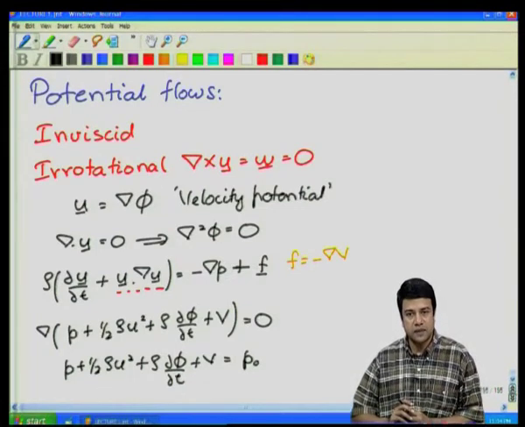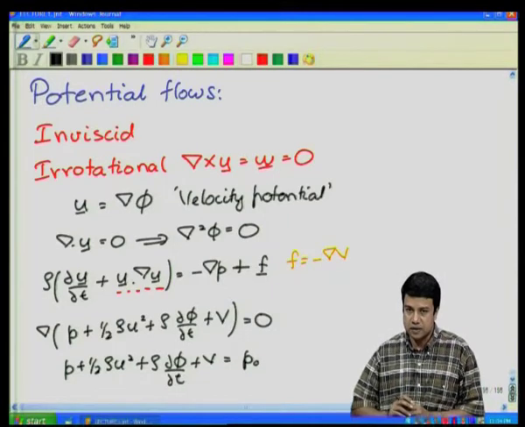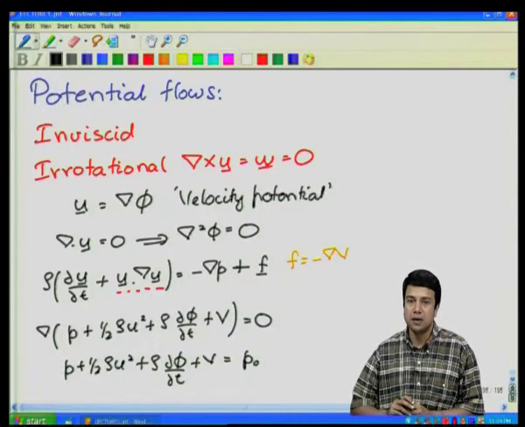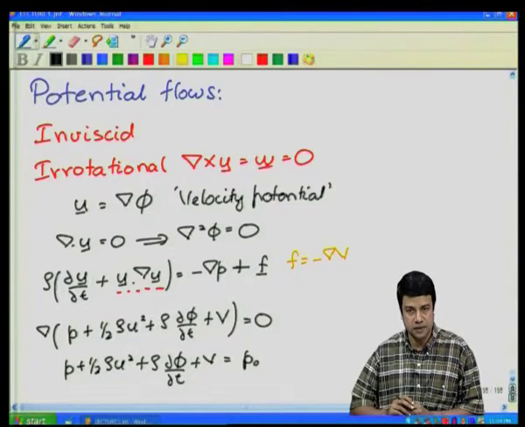As I said, we have neglected the viscous term in the conservation equation, and therefore, it is not possible to satisfy the 0 normal velocity and 0 tangential velocity boundary conditions at the surface. The original Navier-Stokes equations were second order differential equations in the velocity.